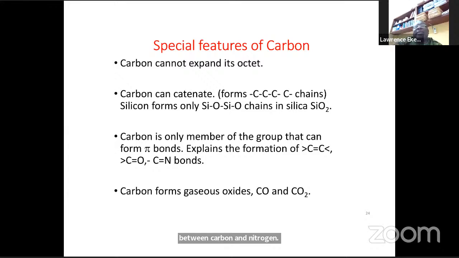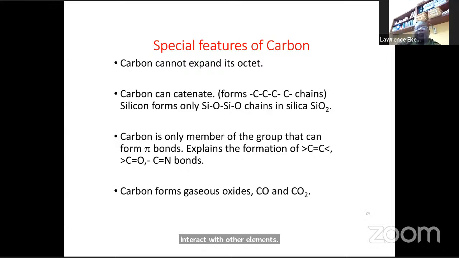Another peculiar characteristic of carbon is that carbon forms gaseous oxides. Carbon can form monoxides and carbon can form dioxides. And this monoxide and dioxide of carbon exist in gaseous form. So they have the ability to interact with other elements.